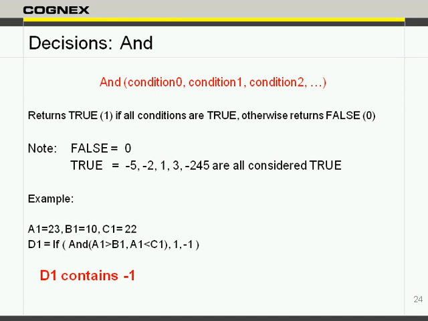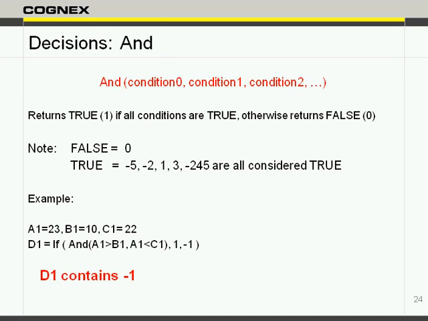In a case like this, you always want to start in the middle, the most basic of the logic statements. In this case, the AND statement. So it says, and A1 is greater than B1. So A1 is 23, and B1 is 10. So is 23 greater than 10? Yes.